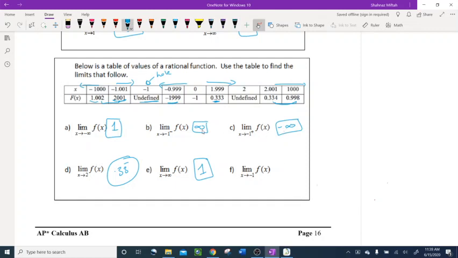Even if they were the same infinities, both positive or both negative, you still don't go to a real number, so it does not exist. The limit does not exist because the limit as x approaches -1 from the right of f of x is not equal to the limit as x approaches -1 from the left.